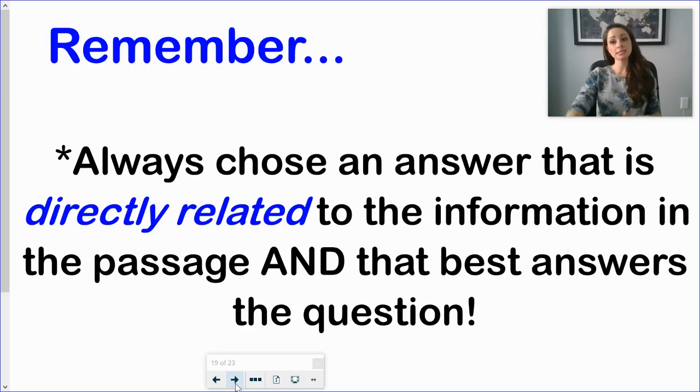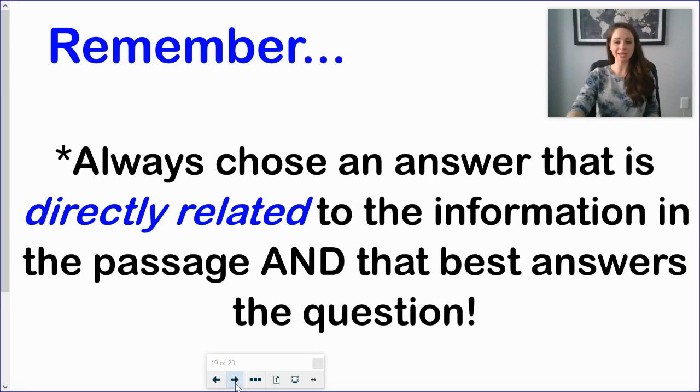All right. Last thing I'm going to mention before we jump into our actual modeling passage. Please remember, when you're choosing your answer, it needs to be directly related to the information in the passage, and it needs to answer your question. A lot of times we'll read our answer choices and there will be that one outlier answer that is so off the wall, you're tempted to choose it because you're like, wait, did I miss something?